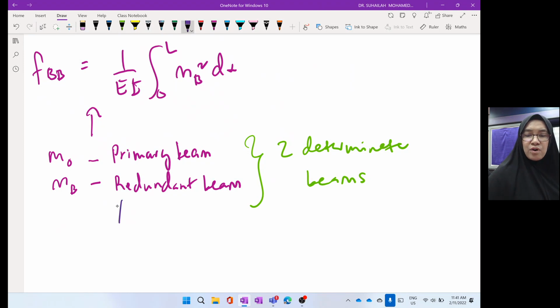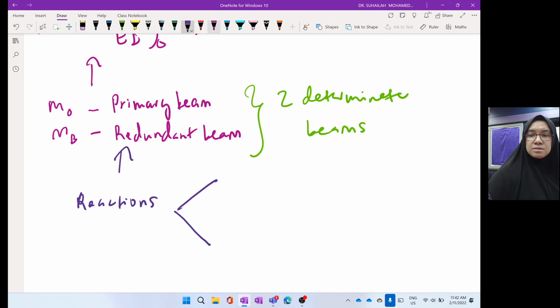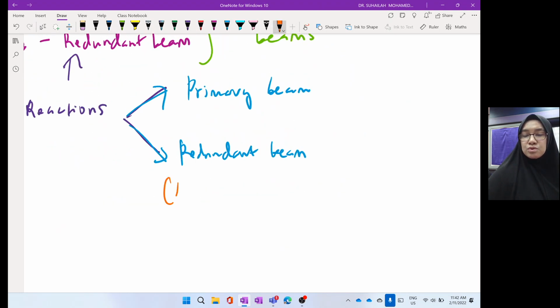So the step before this is reaction, from two systems. From two systems called the primary beam and the redundant beam. Redundant beam, or redundant BY applied. Redundant beam is also known as redundant BY applied.